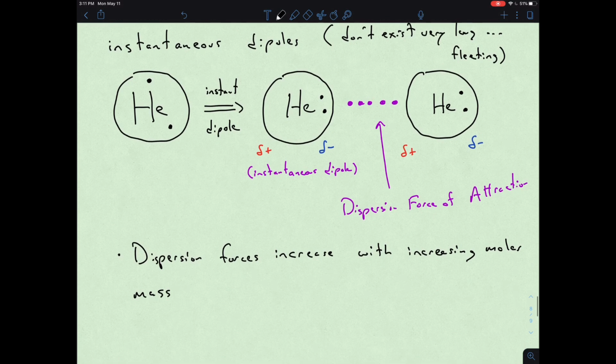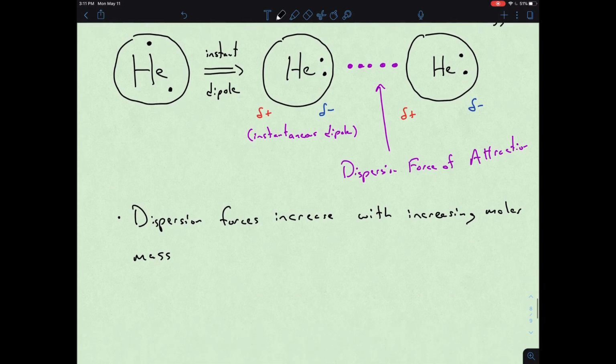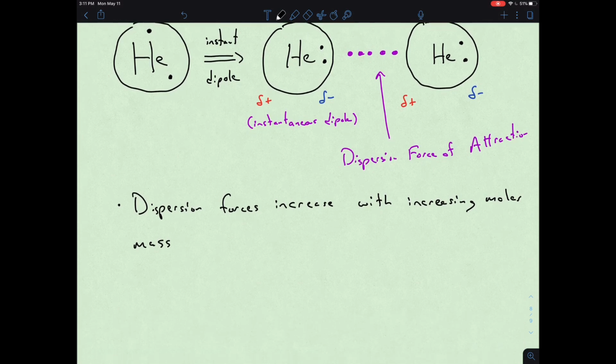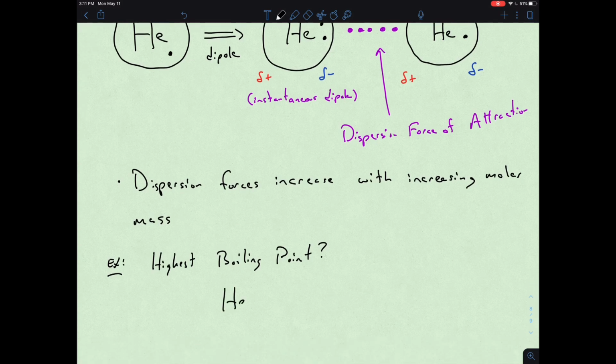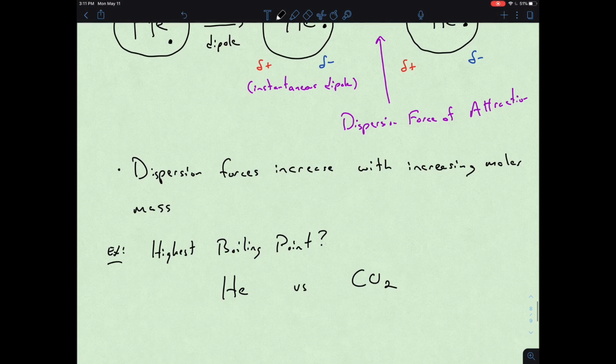So if we have, for instance, two different molecules here, let's say, which one has the highest boiling point? And we could say, well, helium versus carbon dioxide.